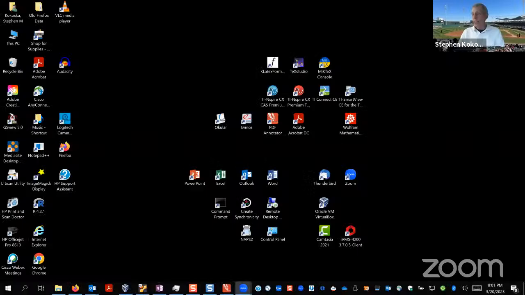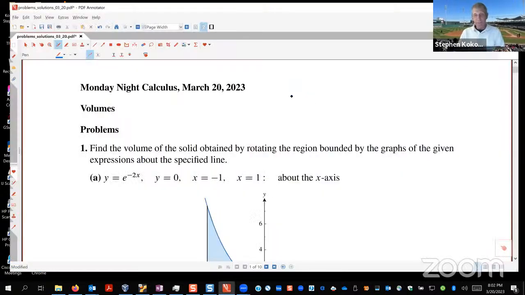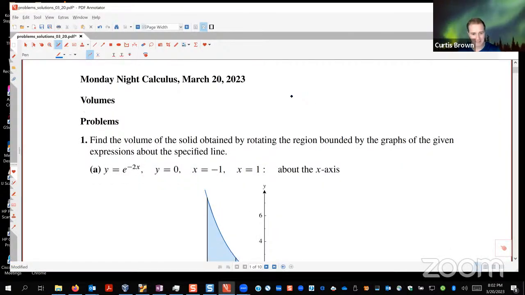There we go. Where did it go? Uh-oh. What's going on? Well, let's try this. We'll move that one. And tell me if you can see that now. Is that okay? I can see it. It looks all good. Right, fantastic.